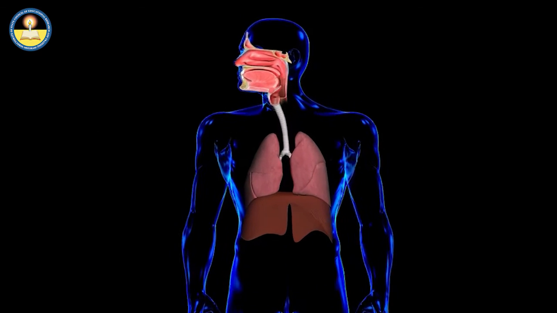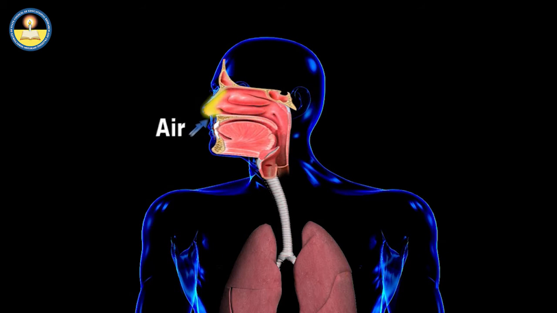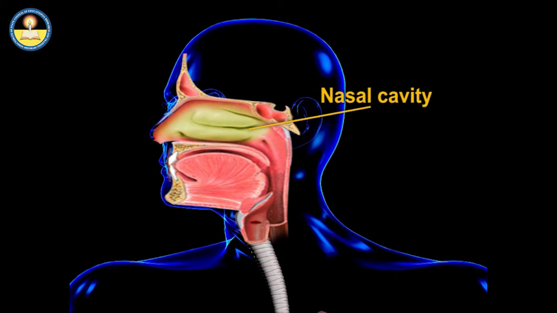The human respiratory system consists of lungs and tubes associated with the lungs. It is supported by the diaphragm. The respiratory tract starts with the nostrils, which lead into the nasal cavity. The nasal cavity is lined with epithelial tissue containing blood vessels that help in warming up the air, and secretes mucus, which further filters the air.